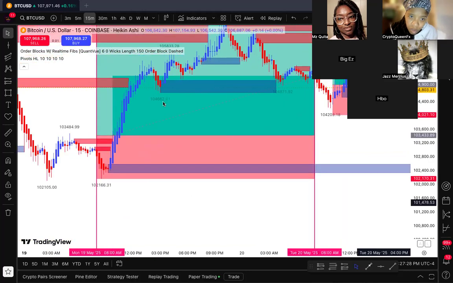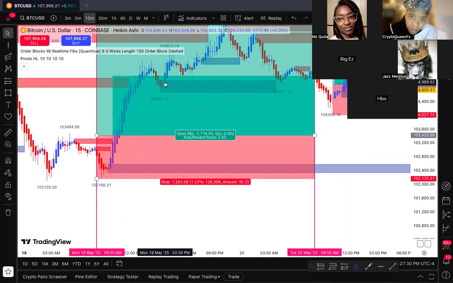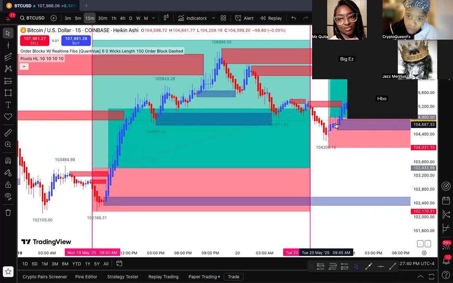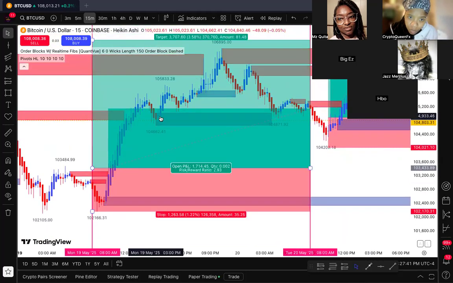This is another entry here. This was an entry and this was an entry, because it didn't come back to either one of those entries until the next day, when it came back to entry here on the midweek area.